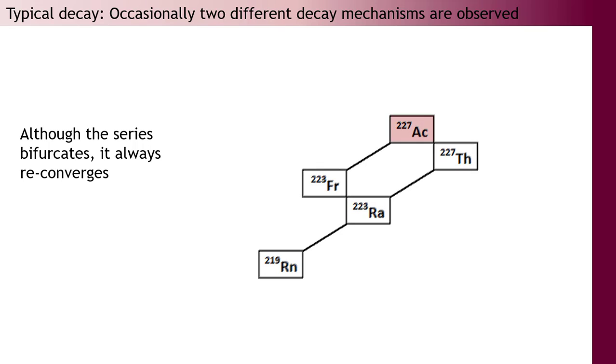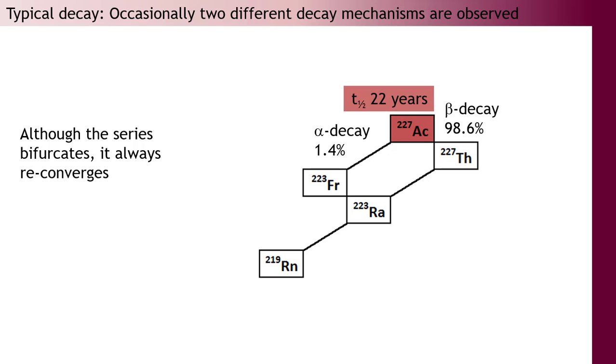Now occasionally the energetics are such that we may see a single isotope undergo 2 different decay mechanisms. This is the case for the isotope of actinium-227. This isotope has a half-life of 22 years, and for the most part actinium-227 undergoes beta decay and forms thorium-227. But sometimes, about once in every 100 decays, actinium-227 decays by alpha emission, resulting in a nucleus of francium-223.